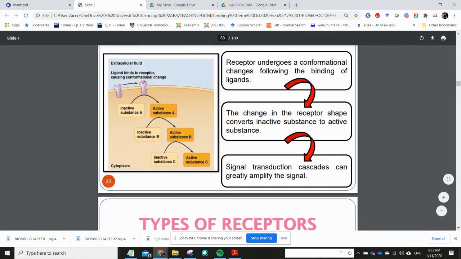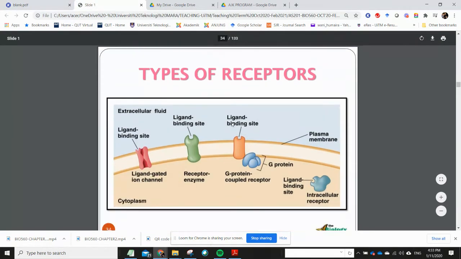So this later part here is types of receptor. You can see we have ligand gated ion channel, receptor enzyme, and G protein coupled receptor. These three are transmembrane receptors, because they are located at the plasma membrane.